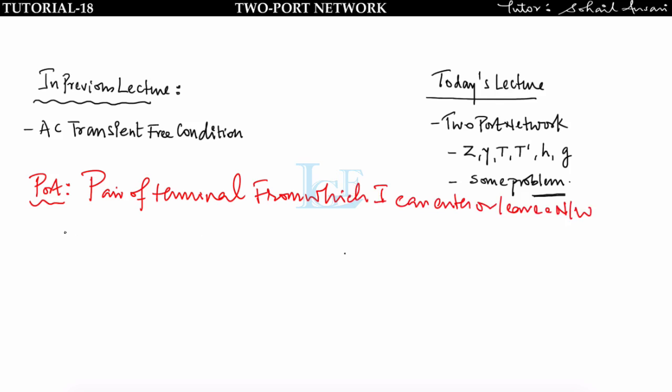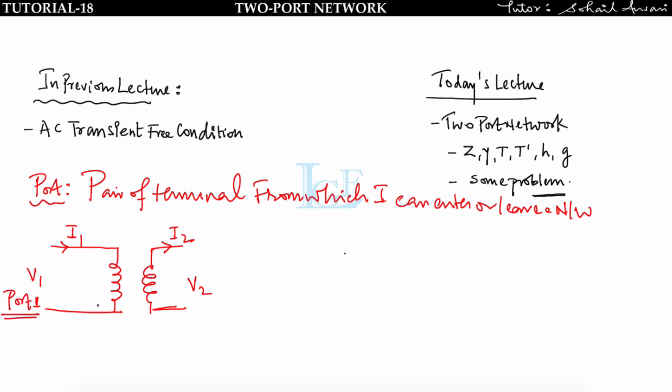For example, in a transformer we have a primary winding and a secondary winding. The primary voltage is V1 and the primary current is I1. Similarly, the secondary voltage is V2 and the secondary current is I2. This is defined as port 1 and this is defined as port 2.